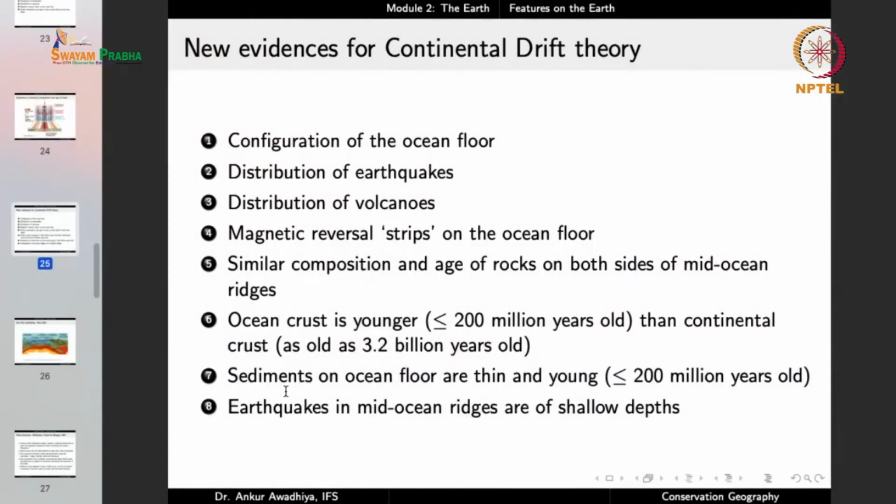Another evidence is that the sediments on the ocean floor are also thin and young. You do not find any sediments that are more than around 200 million years old. Which means that before 200 million years, you do not have any oceanic crust that is existing today.